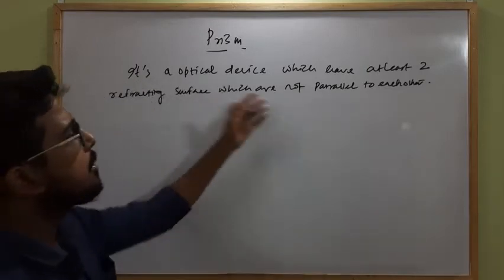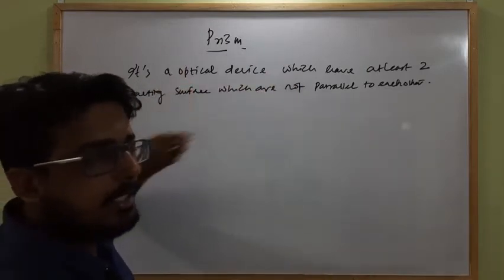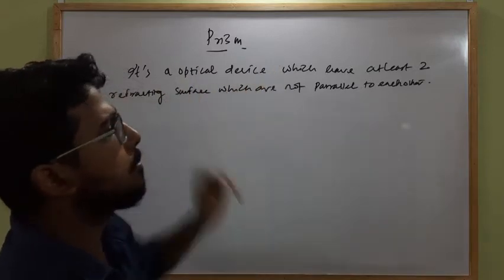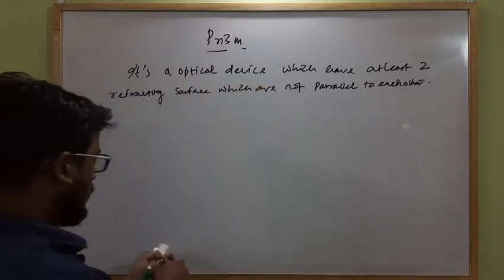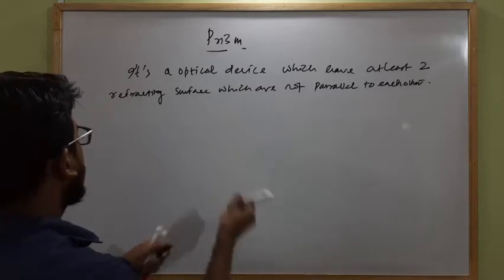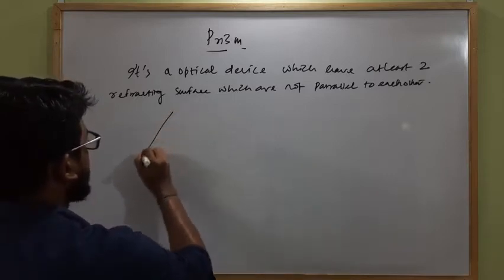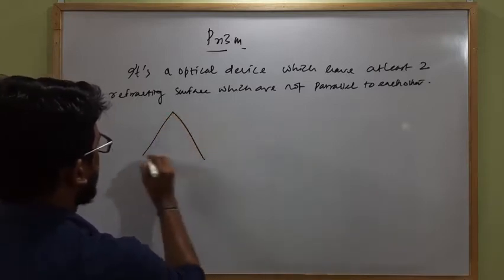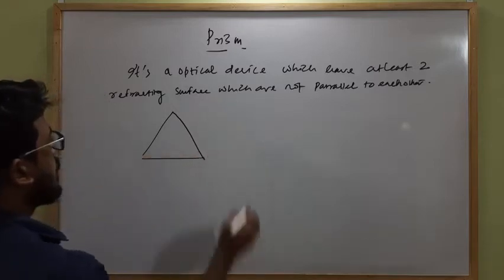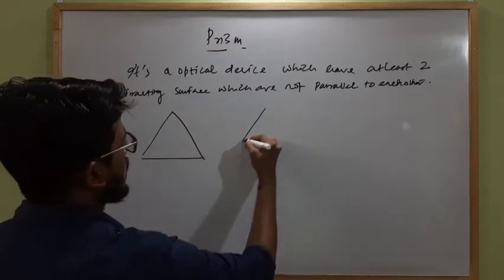It may have more than two refracting surfaces, but at least two refracting surfaces which are not parallel to each other. That means we generally show a prism like this. This is a triangular prism, or in three dimensions it will look like this.